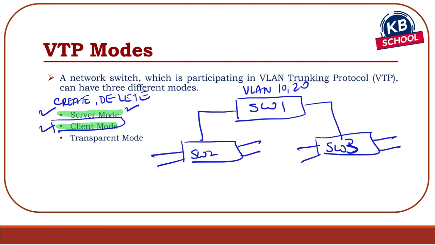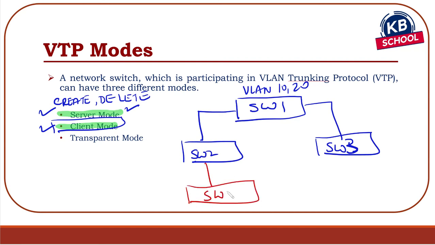Transparent mode. Let's say you have a switch in the middle, which is maybe a switch for a particular department, which is connecting to switch 2, but behind switch 4 is another switch which is part of the same VTP setup.